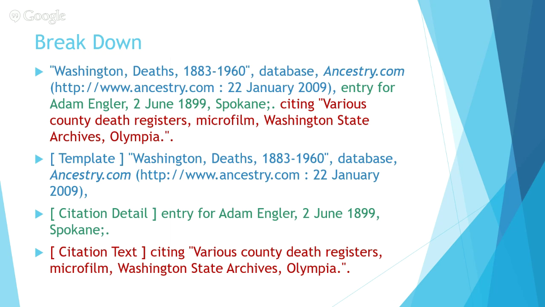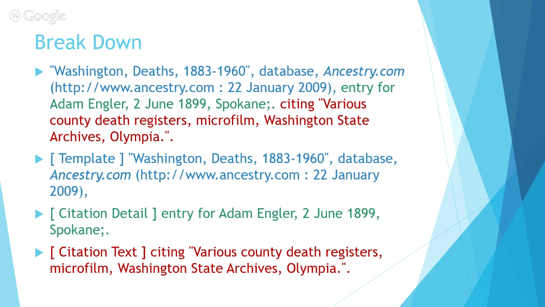If I were to go to Washington State, I could go back and find that record collection by looking for various. And by the way, I did a search on various; the Washington Death Index did not show up when I did a Google search for it, but it did when I did a search for what Ancestry was citing. It found it right off the bat, so I was able to go back and find the original record.